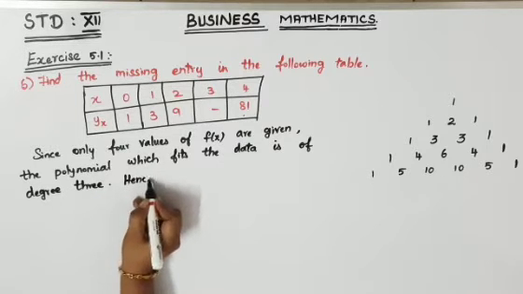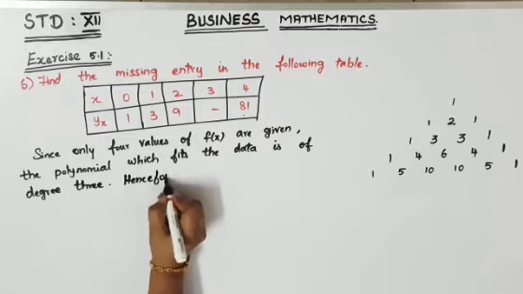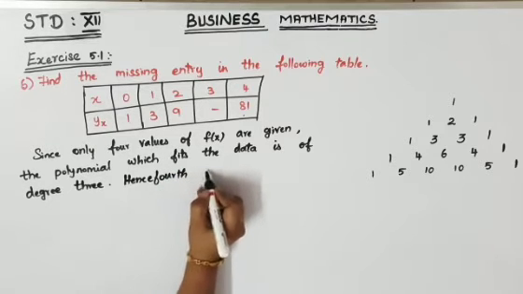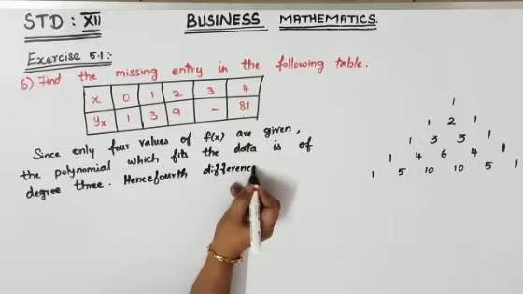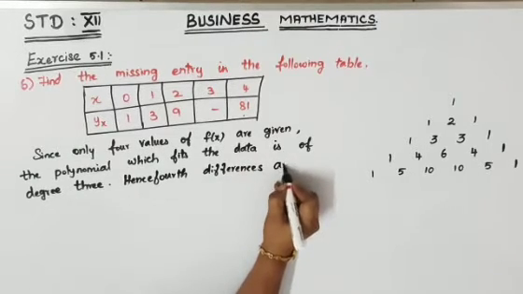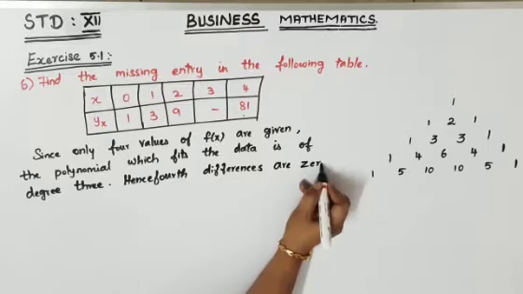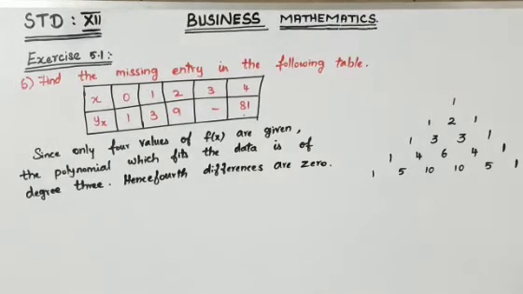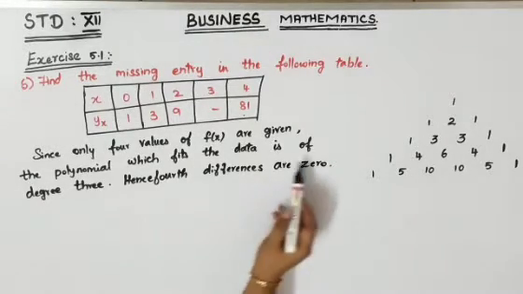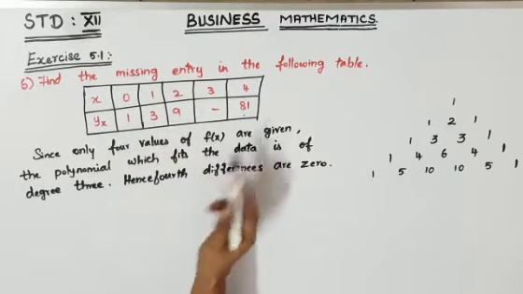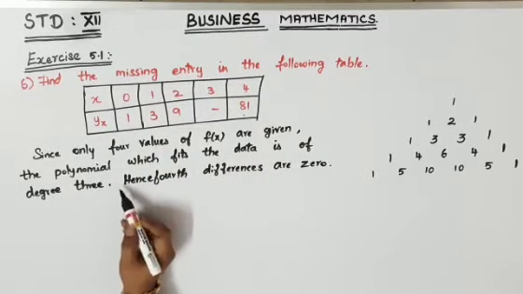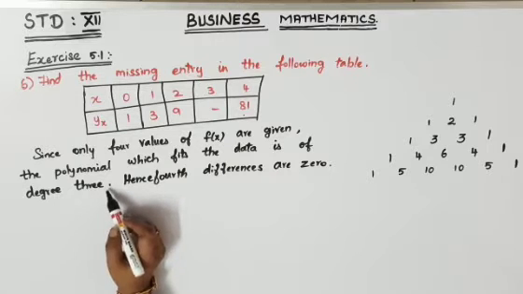Henceforth, the fourth differences are 0. So the polynomial which fits the data is of degree 3. The power will be 3. Since it is given 4, the formula is n minus 1. So 4 minus 1, you will get your degree as 3.